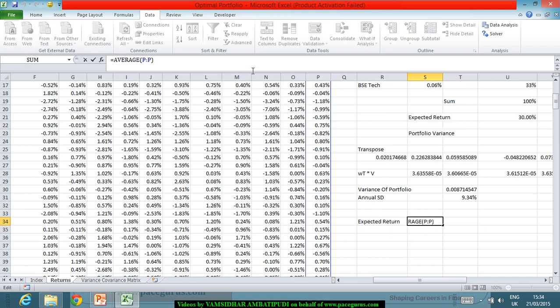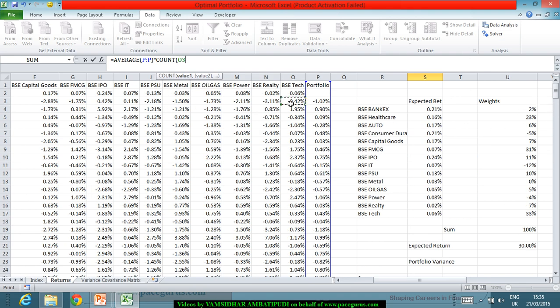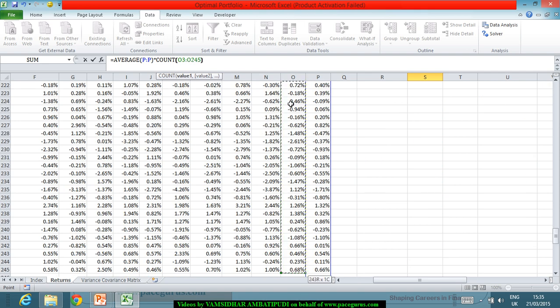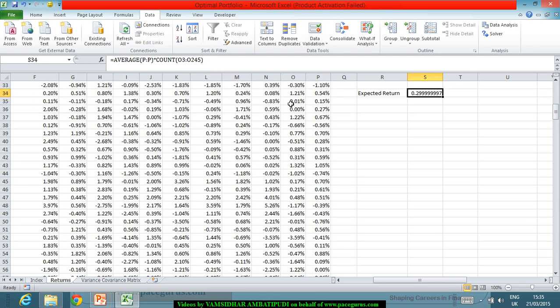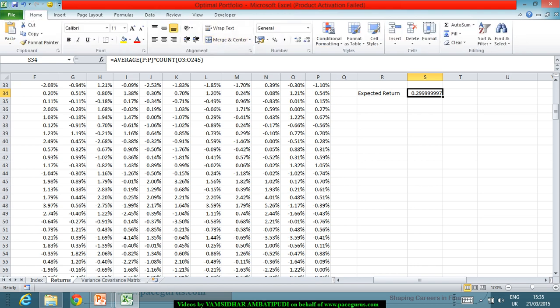This is a daily return, so I'll multiply it with the count of something, which will tell me that the expected return of the portfolio is almost 30%, which is my objective. Then I could also find out the standard deviation of the returns.